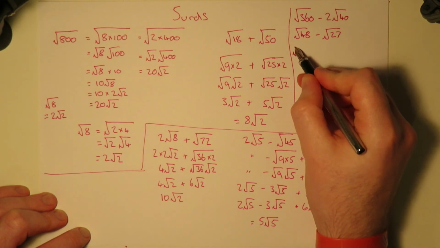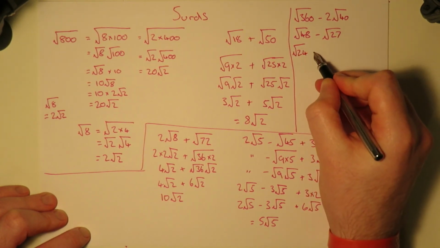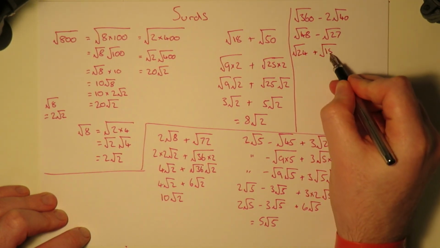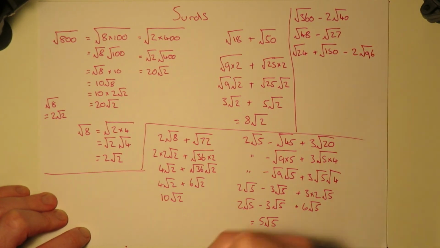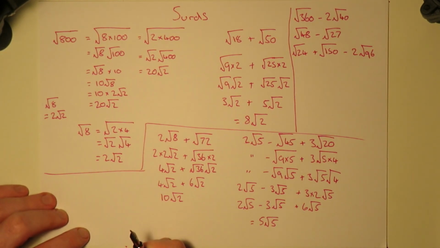Let's try root 24 plus the root of 150 minus 2 lots of root 96. So have a go at those 3 questions there. I'll make sure to put the answers down in the description when I upload this video.